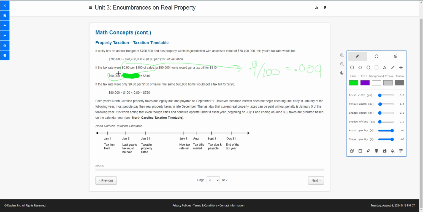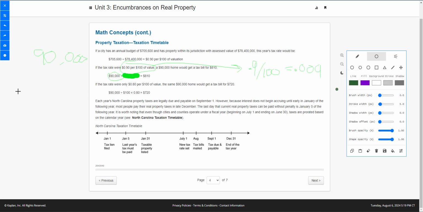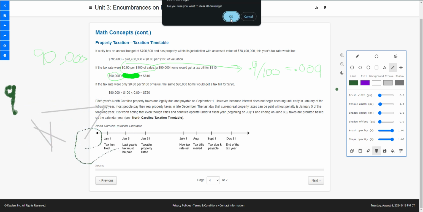And when you take 90,000 and you do your thing, you're gonna get a really interesting number. Oh my goodness, what is happening?